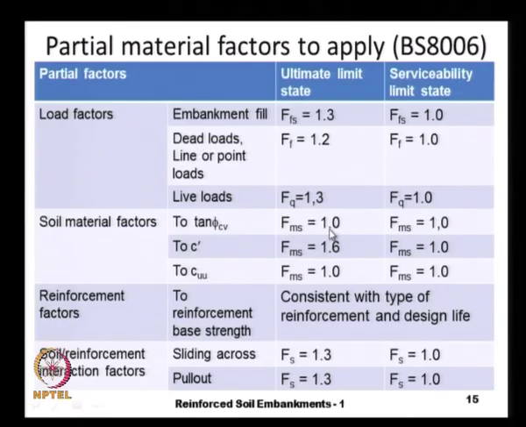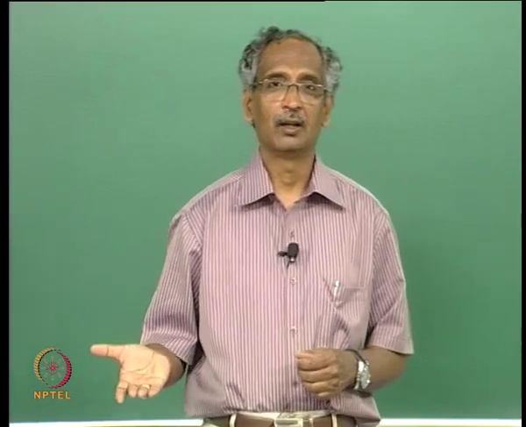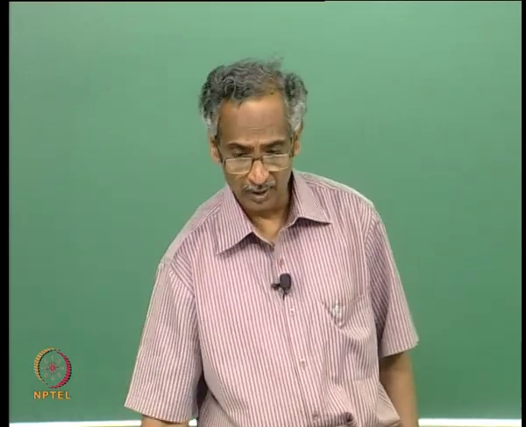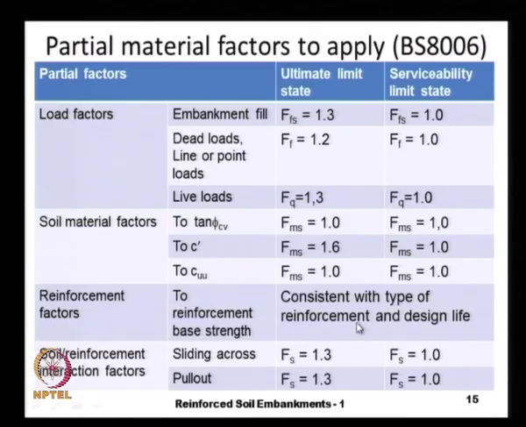So this factor is simply 1. But if we are using any c' for effective stress analysis, we use a very high factor of safety, or reduction factor, of 1.6. If it is an undrained cohesive strength corresponding to large strains, we use a factor of 1. Even on the reinforcement strength we apply a lot of factors, and this should be consistent with the type of reinforcement, the design life and so on.